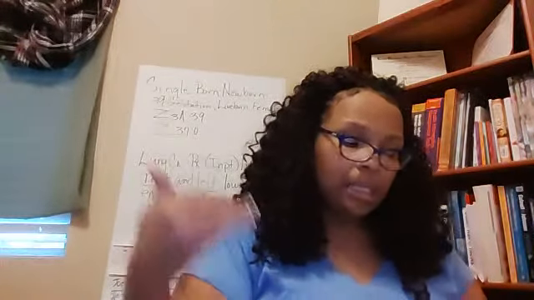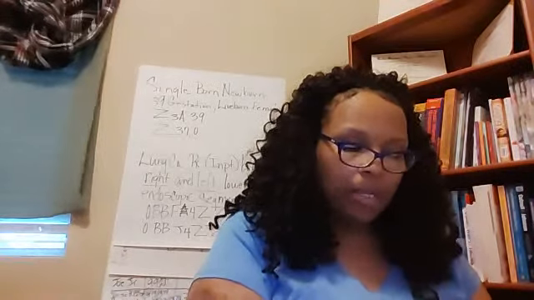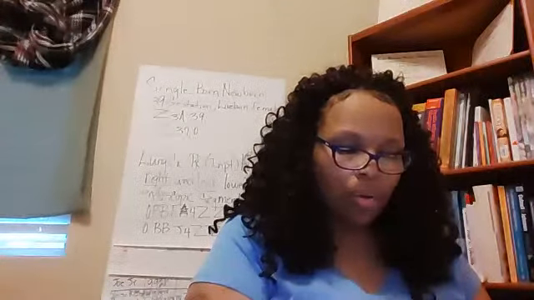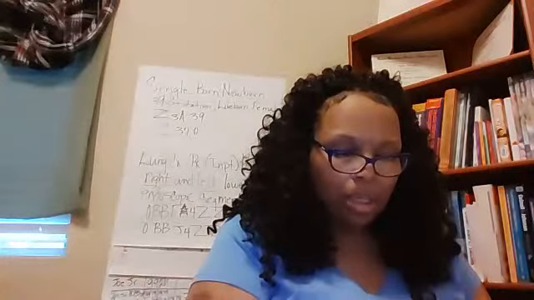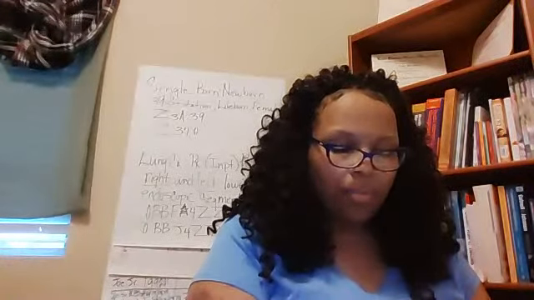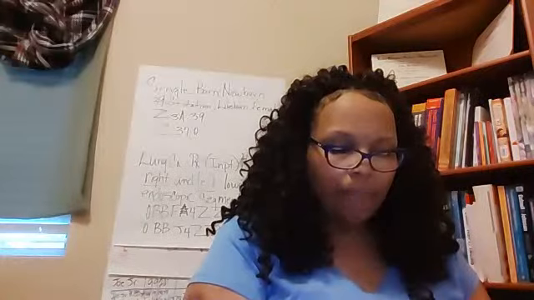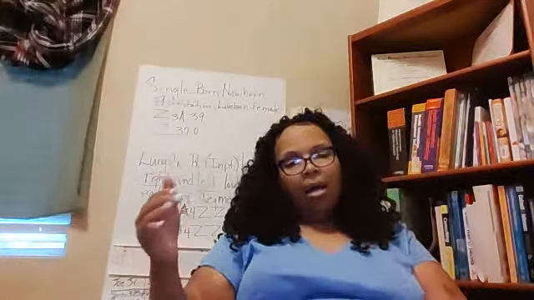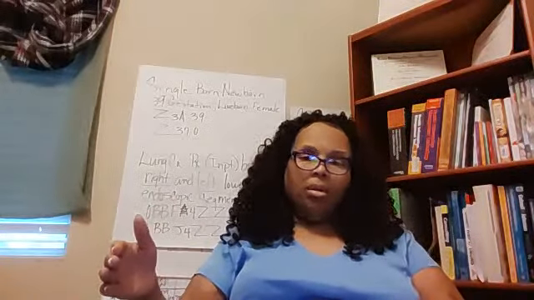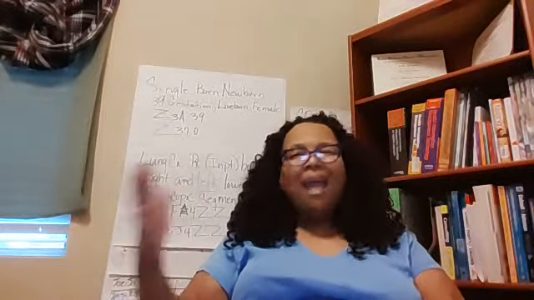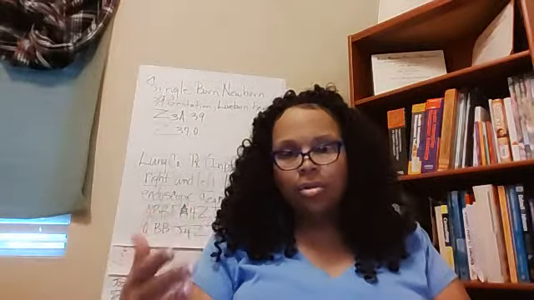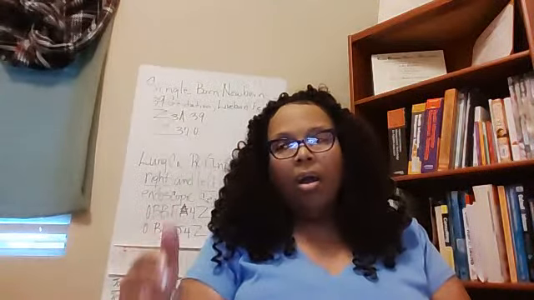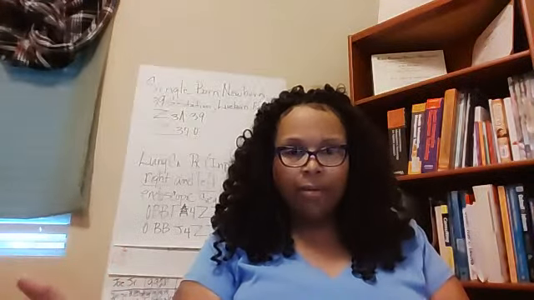Now it says here, the coding rule says this category is intended for use as an additional code to identify the outcome of delivery on the mother's record. It is not for use on the newborn's record. When the baby is born, usually these days, they ask the mother or the parents what they are going to name their child.